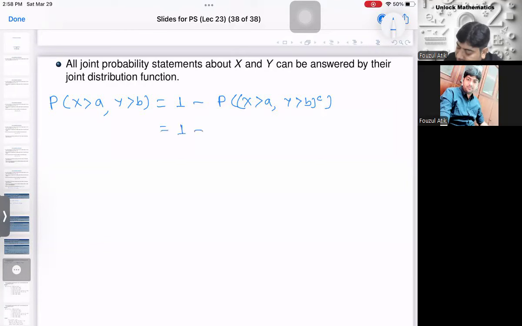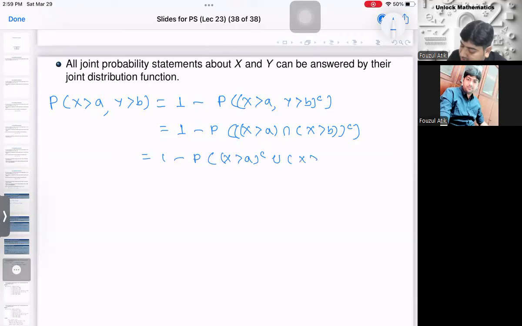So 1 minus P of x greater than a intersection y greater than b and whole complement you have. If I apply the De Morgan's law, what will happen? It will become 1 minus P of x greater than a whole complement union y greater than b whole complement, right? By De Morgan's law.